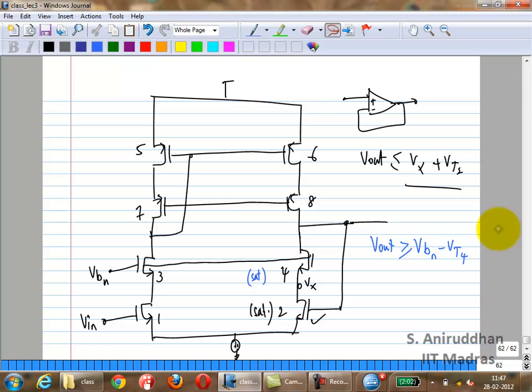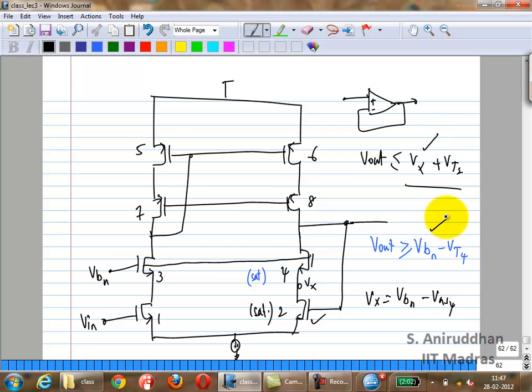So suppose, and what is Vx? We also know what Vx is. It's nothing but VBN minus VGS4. Right? So now that we know Vx, we can write this and this in terms of VBN.